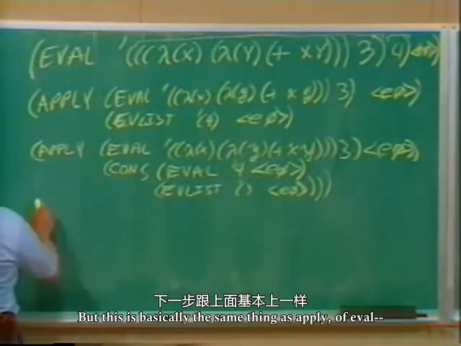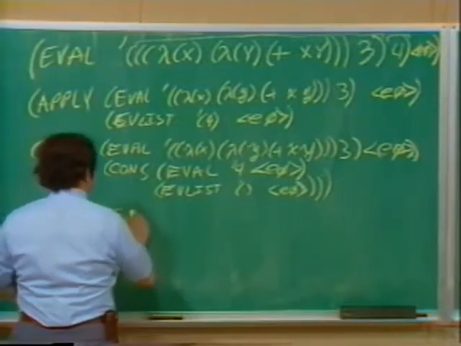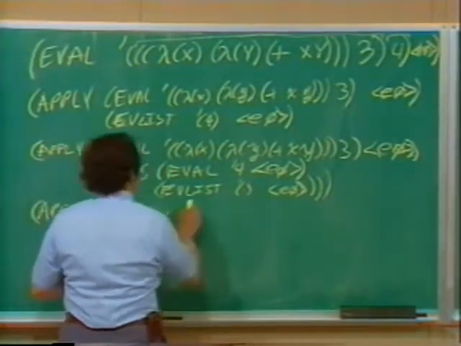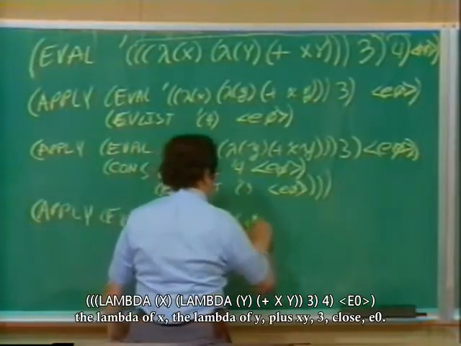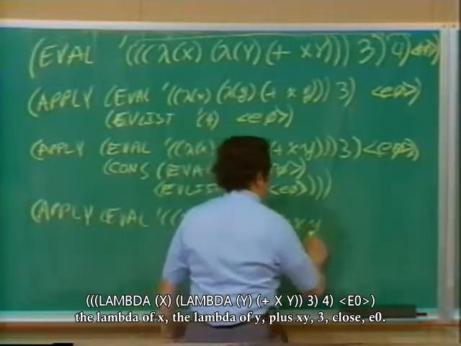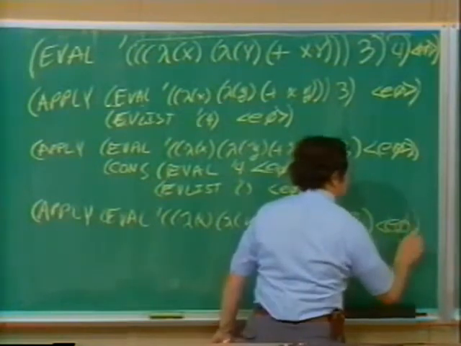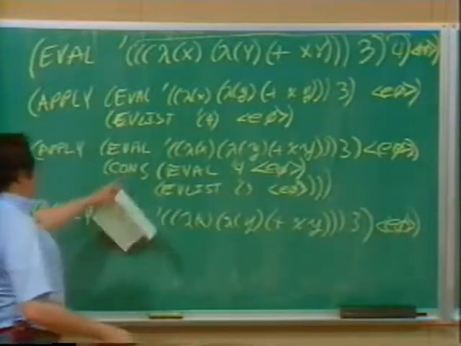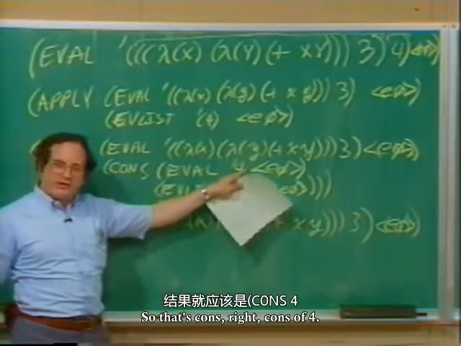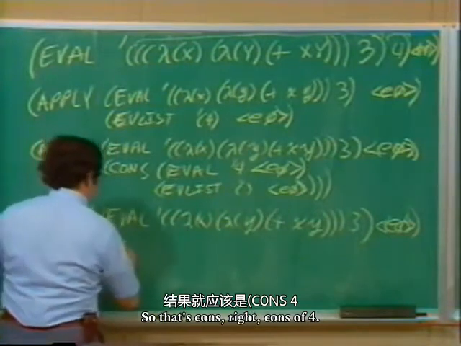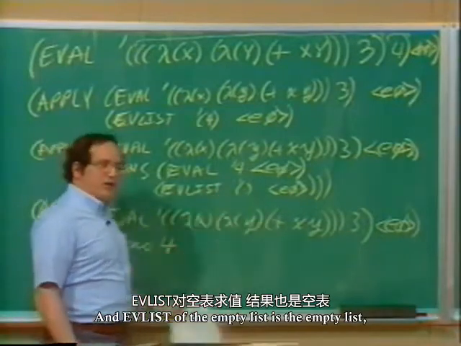But this is basically the same thing as apply of eval. I'm going to keep doing this. The lambda of x, lambda of y, plus x, y, 3, close, E0. I'm a pretty good machine. Applied, well, eval of 4, that meets the question, is it a number? So that's const, right? Const of 4. And evlist of the empty list is the empty list.